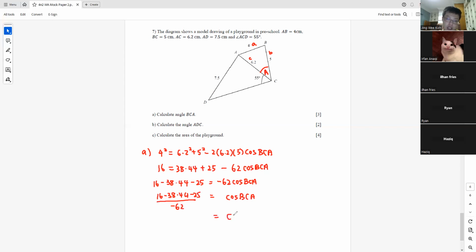So cosine BCA equals to 16 minus 38.44 minus 25 divided by negative 62. That's 0.765161. So to find angle BCA, we just do cosine inverse. So cosine inverse, you get 40.0786. That will be approximately 1 dp, 40.1 degrees.